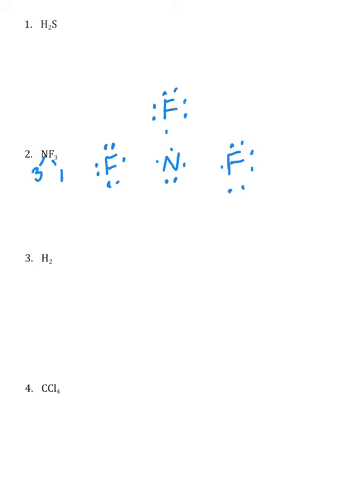Okay, so now I've got to attach all the fluorines by making pairs of electrons. I can pair these 2 electrons, these 2 electrons, and these 2 electrons, and then put it all together. I'll do it down here, so I'll end up with that.